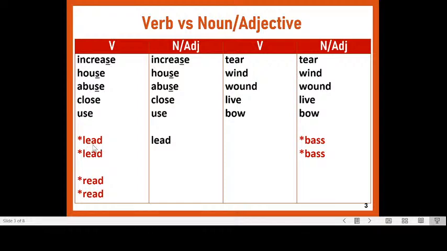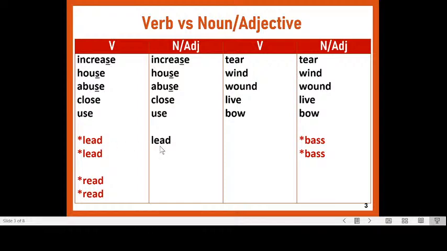It has one pronunciation, lead, and here the noun is led, the meaning is different. To lead somebody, to walk, and then the other person would walk behind.